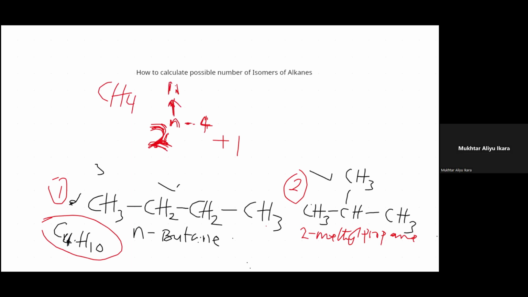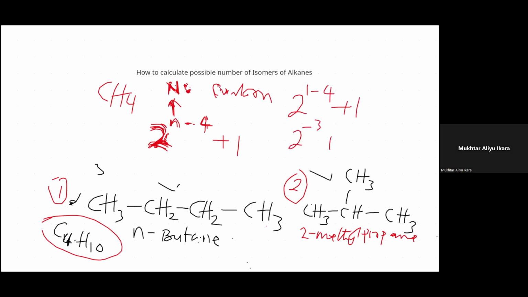In the case of methane, the number of carbon is 1. So we have 2 raised to the power of 1 minus 4, plus 1. 1 minus 4 gives minus 3, so 2 raised to the power of minus 3, plus 1.